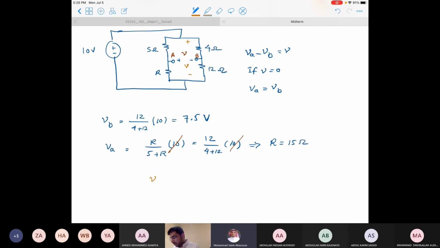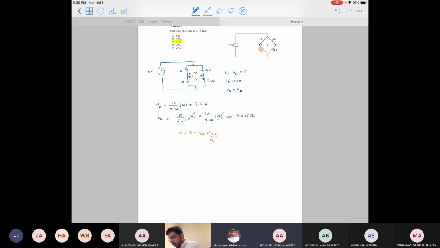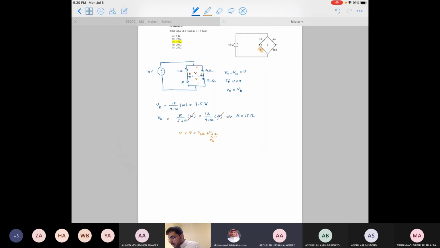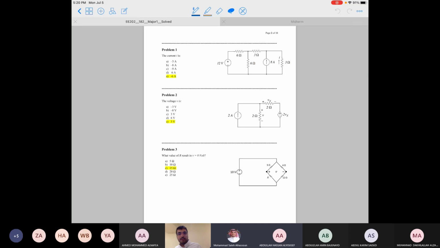So V equals 10 equals V of 4 ohm plus V of 12 ohm. And this one is VB. Yes, I think I get it now. I think I have seen a question like this. Maybe the sample quiz you have posted. Maybe. I don't remember.